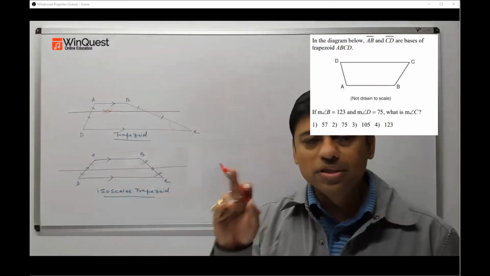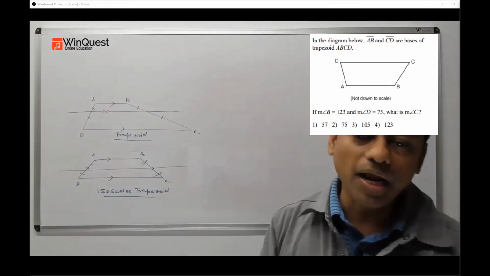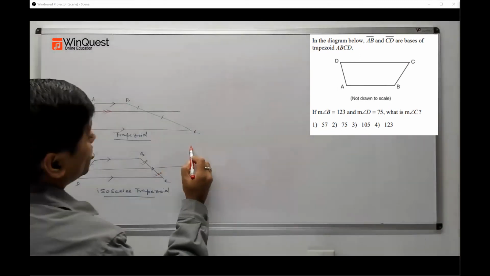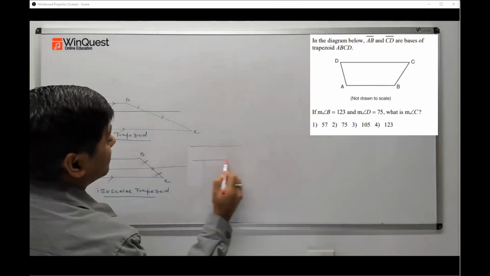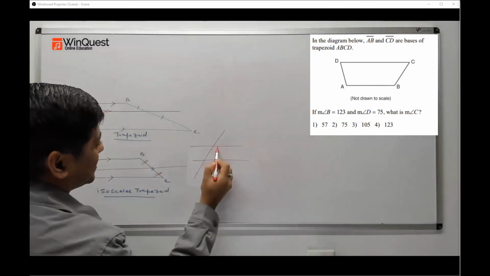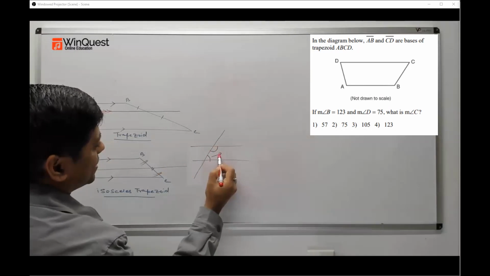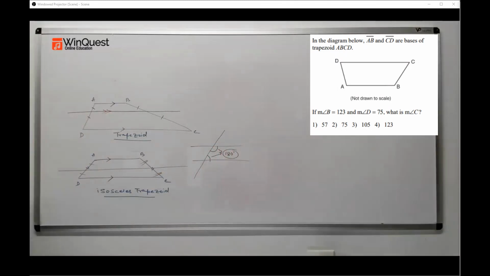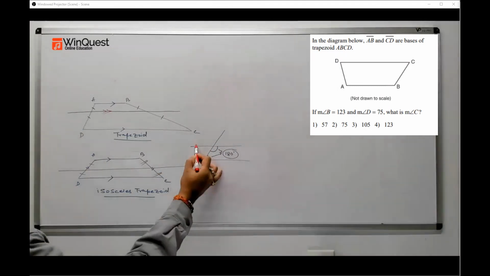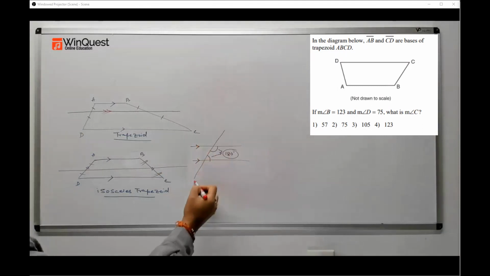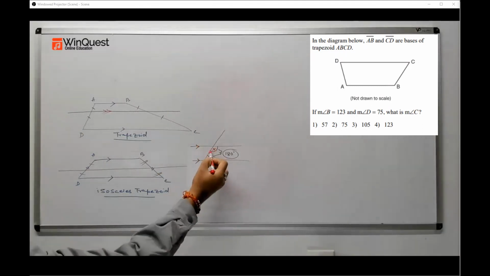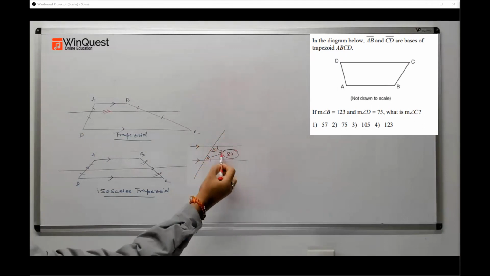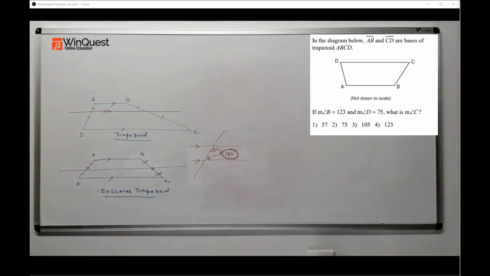Okay. One more thing that also applies. In parallel lines, we studied that when you have a parallel line and there is a transverse, then this angle plus this angle makes up 180 degrees. Right? We learned about this. Do we all remember? Yes or no, please. This line is parallel to this line, and this is the transverse. So this angle plus this angle equals 180 degrees, or no? Yes.